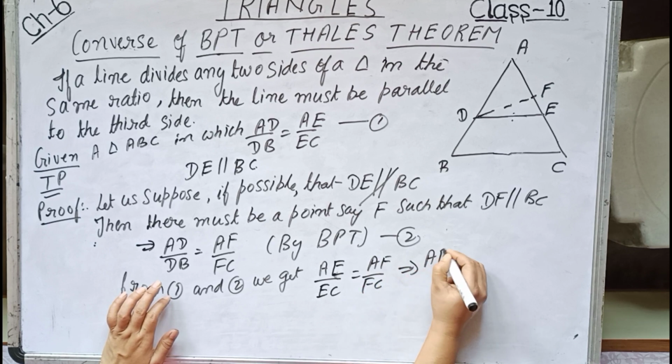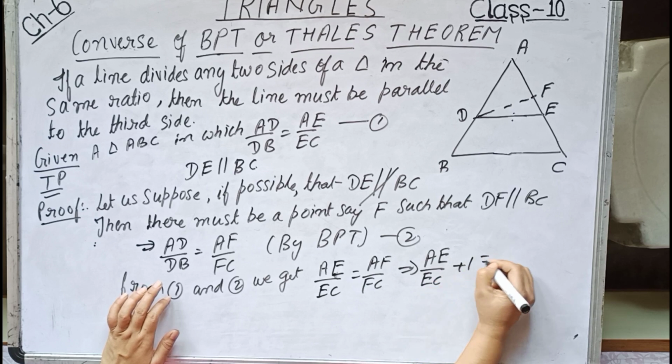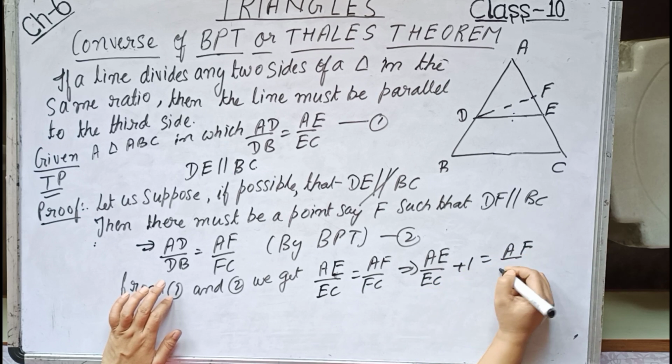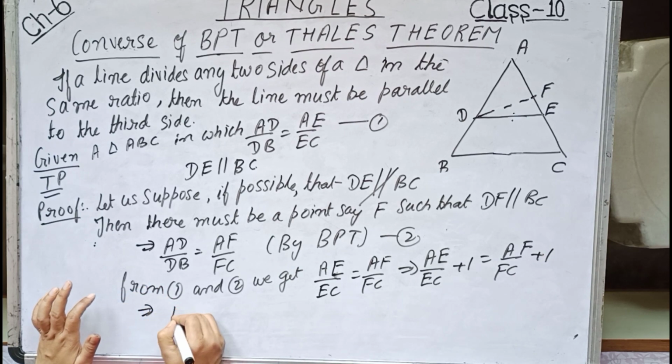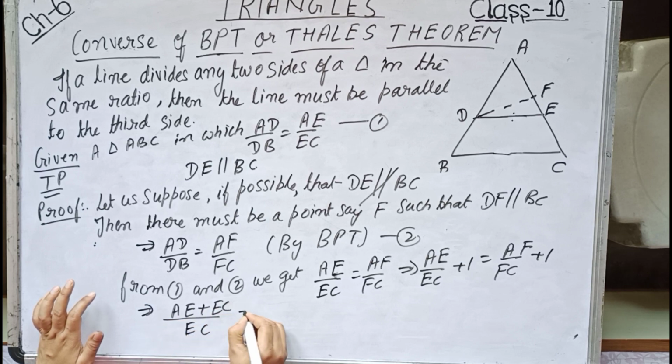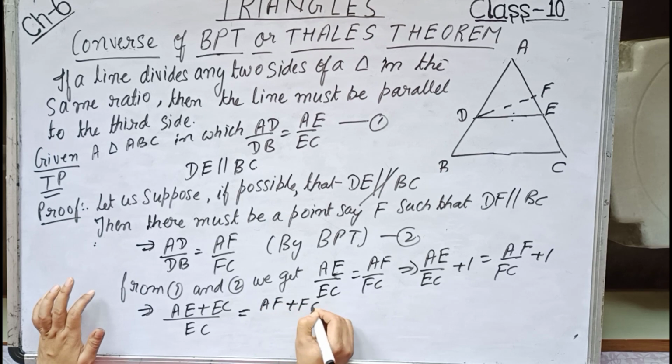This implies AE by EC plus 1 equals AF by FC plus 1. This implies (AE plus EC) by EC equals (AF plus FC) by FC.